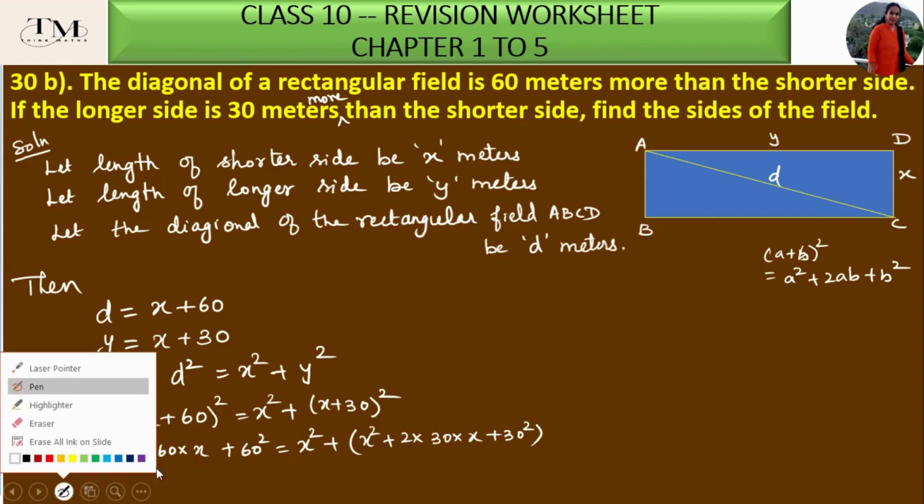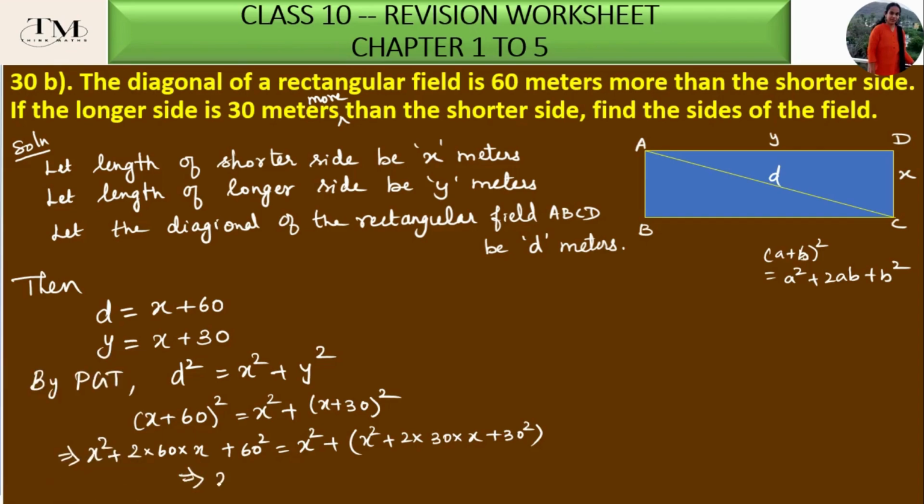So it will be x square plus 2 into 60, which is 120, so 120x plus what is 60 square? 60 square means 60 into 60. How many zeros are there? Two zeros, and multiply the 6: 6 sixes are 36.